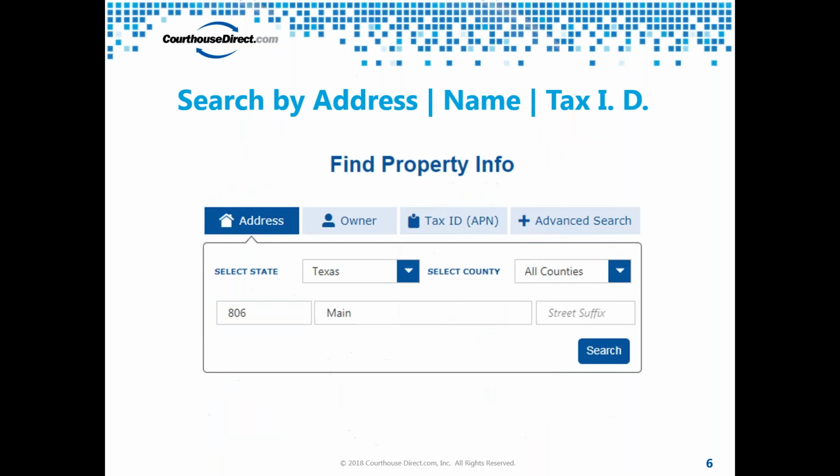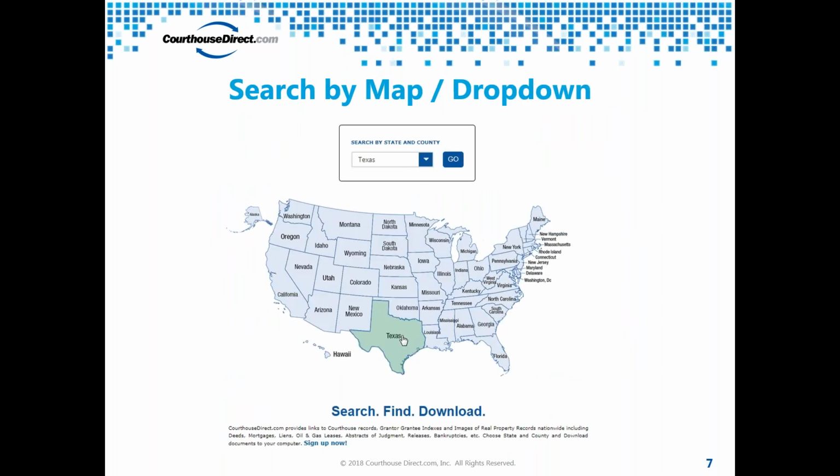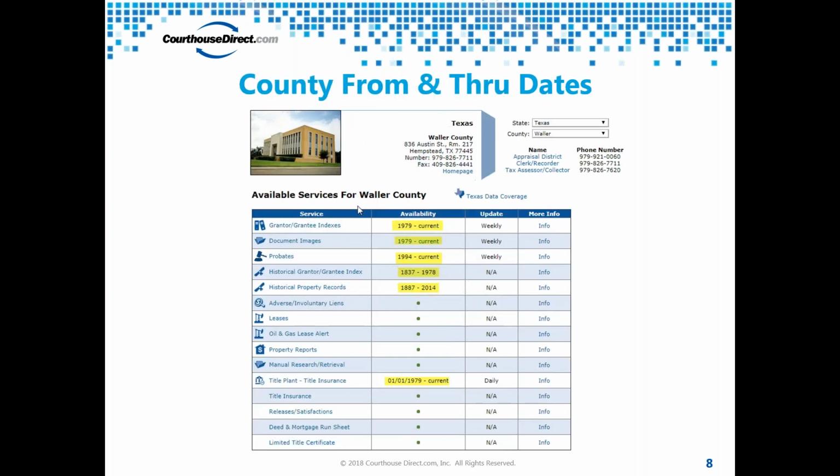When people use our website, typically they can go in, put in an address, and do a search. Or they could choose to drill down on the map, choosing the state and county. Once they choose the state and county, they'll get this grid in front of them, showing the different types of records that we have in the county and the availability of the data.